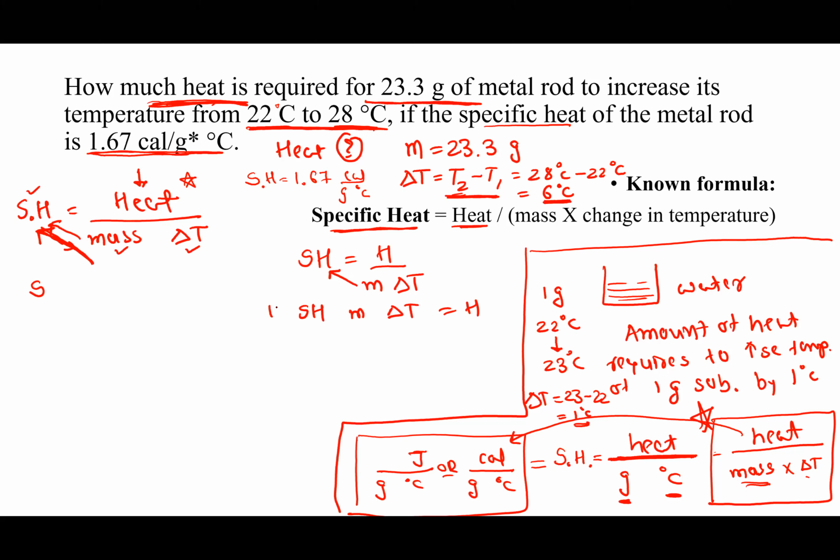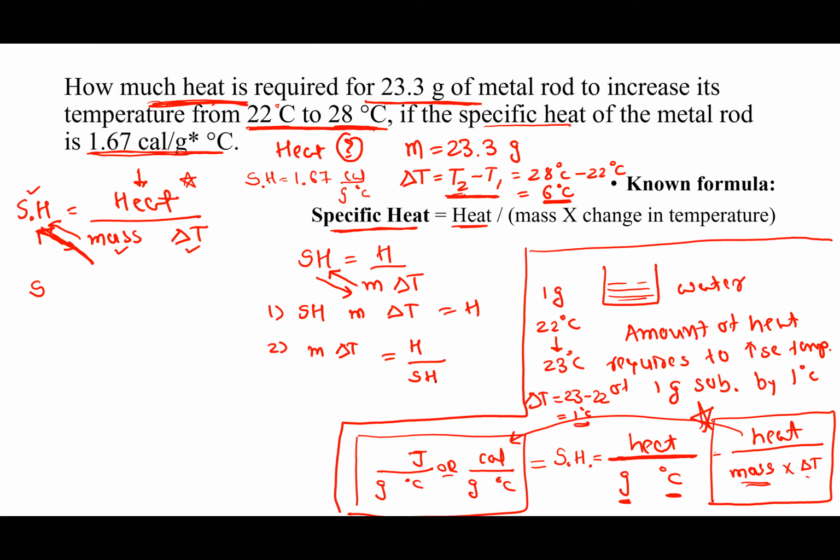This is one way to do it. The other way is to cross multiply both of these, so you exchange their places. M and delta T go on the top while specific heat goes in the bottom. You follow me? Yes, Professor.